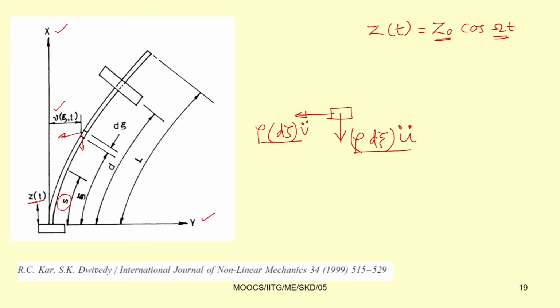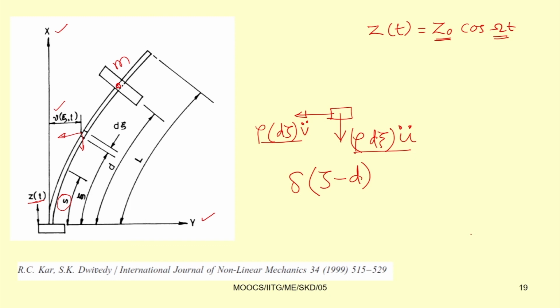Similarly, for the attached mass, if the mass is m, we can write the inertia force in a similar way. At that position, for example, let it be at a distance d. We can use the Dirac delta function to write this position, delta(zeta minus d).